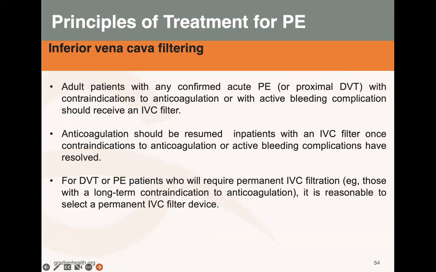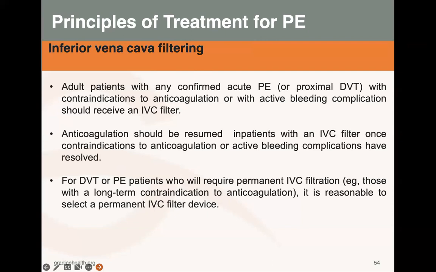After we have treated the patient, or for a patient who has a DVT and is throwing clots, it's important to consider putting in an IVC filter. This is a preventive way to stop further clots going to the lungs, to the pulmonary arteries. We put a filter in the inferior vena cava, and this will act to prevent the clots from flowing to the heart.